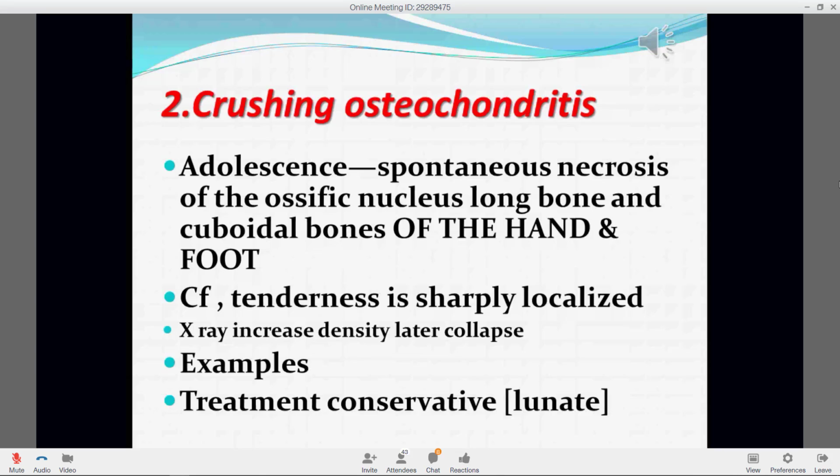On X-ray, there is decreased bone density, and later on the bone will collapse and its shape will be distorted. The next slide will show some examples. Treatment is usually conservative. If the bone shape changed, there might be a need for surgery by arthrodesis or replacement.